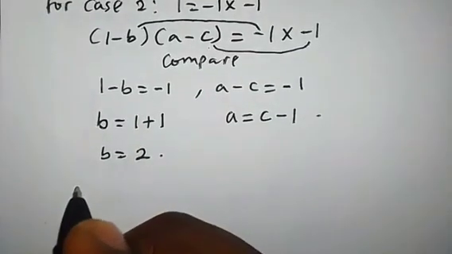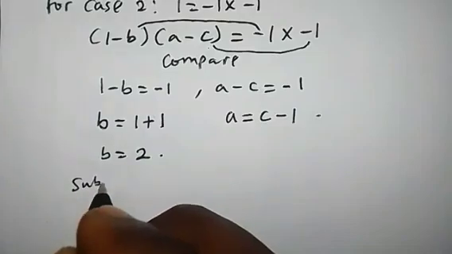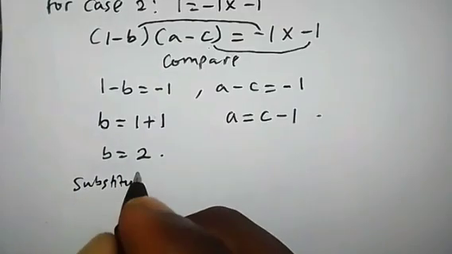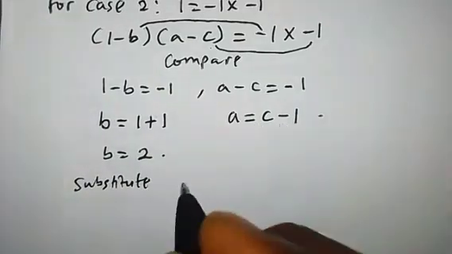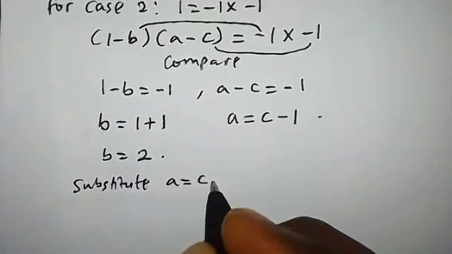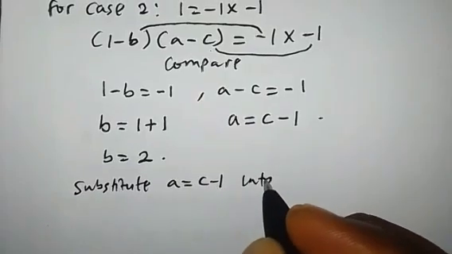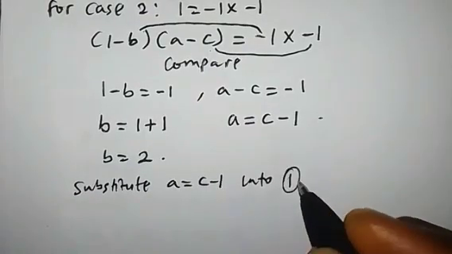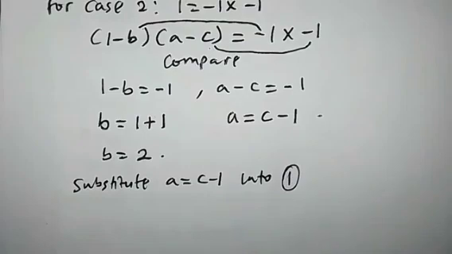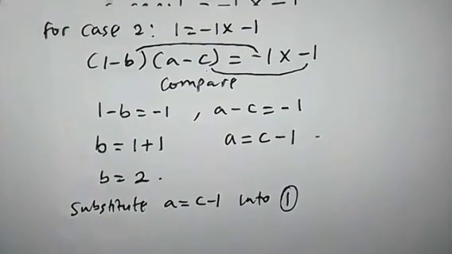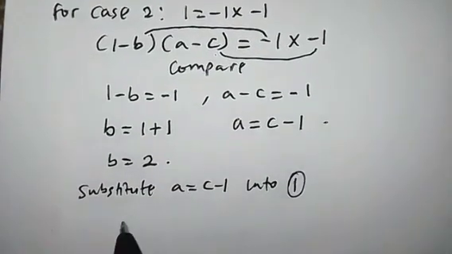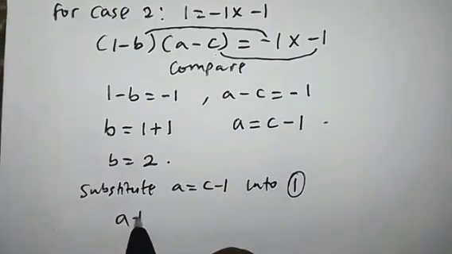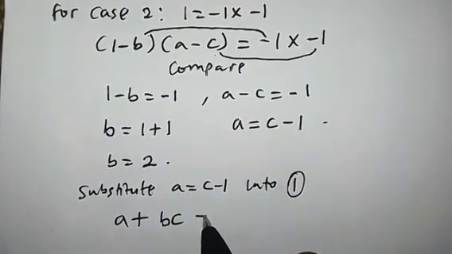Now, let us substitute A equals C minus 1 into equation 1 as we did for the first case. Equation 1 is A plus BC equal to 2024.